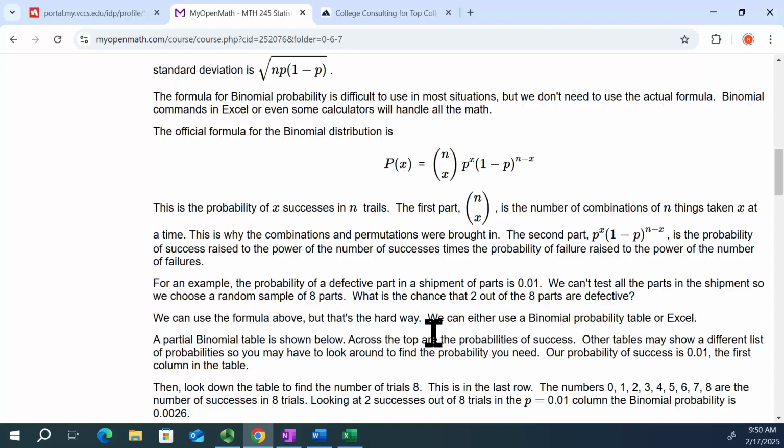This is the probability of success, 1 minus the probability of success raised to the n minus x power. So this is the part we need. This is combinations. How many ways out of 10 can I have one bad? It could be the first one, second one, third one, all the way up to 10. This gives me that, and this is the probability of that occurring.